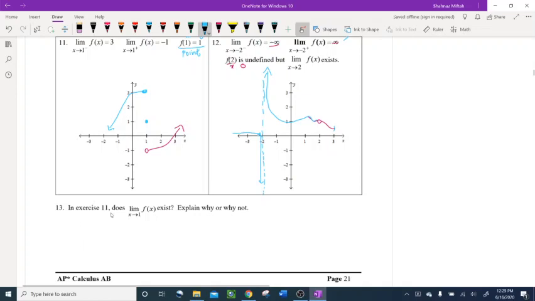Let's do this one. In exercise 11, does limit x approaches 1 exist? No, it does not exist. You can tell and explain why or why not.